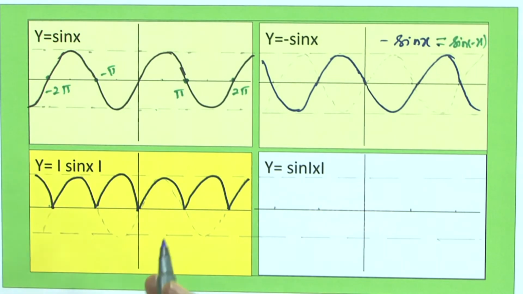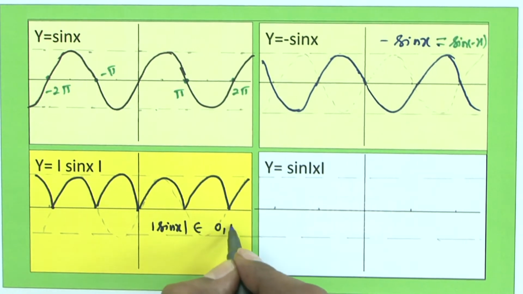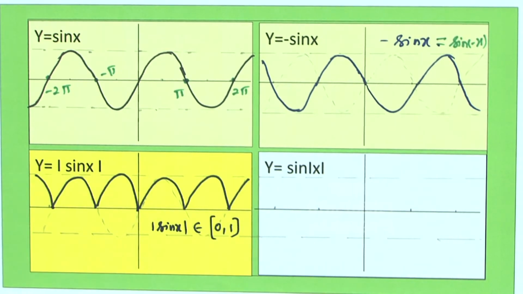And of course, mod sin x belongs to 0 to 1, including 0 and including 1, right? You will be studying this in your physics also. This is the half wave, full wave rectified output.